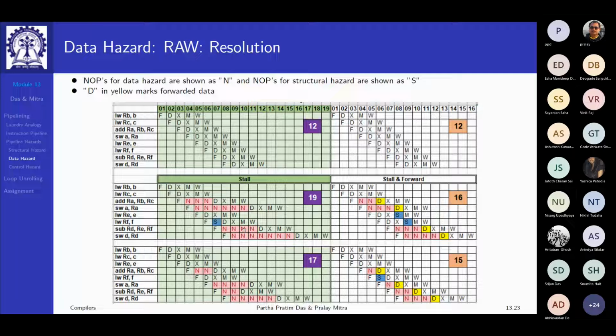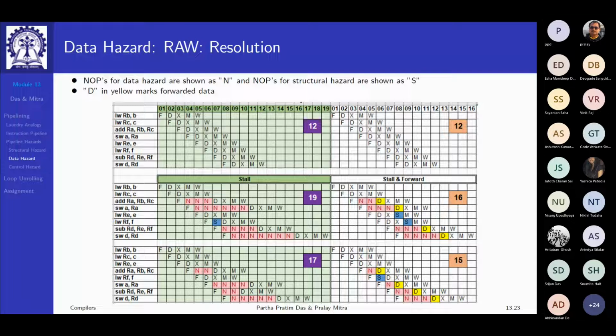Sub has to wait till F is in the write back stage, so it introduces knobs, and then the store of RD will happen after RD has been written back, with the stalls. As you can see, the schedule goes up to 19 cycles. So instead of 12, we are now taking 19 cycles. It is a lot more.